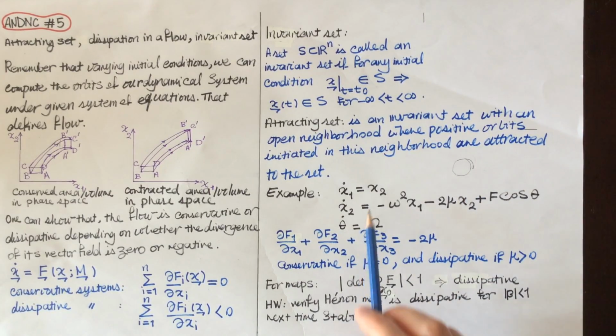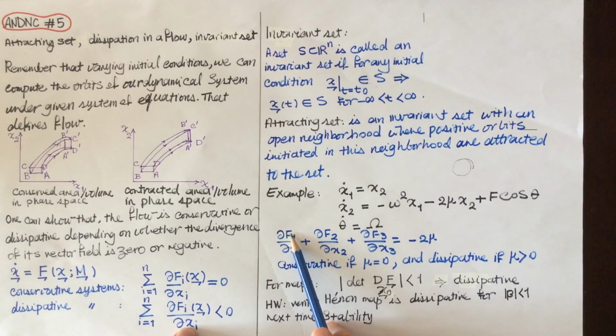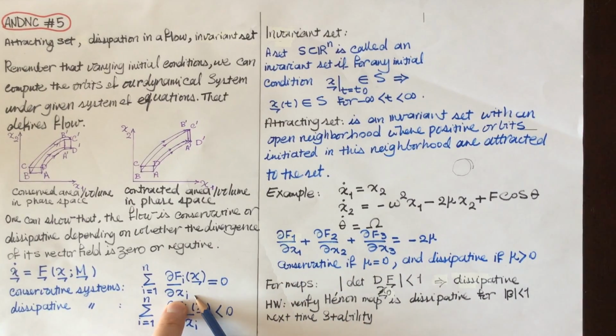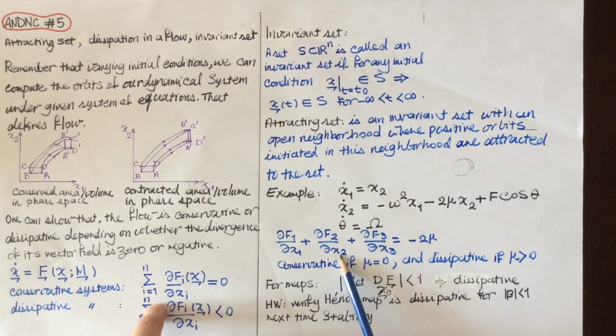Now, you might be asked to compute, all right, this is my system, and as an example, show that if the system is dissipative or conservative and under what condition. So we compute the divergence of the system, df1/dx1, using this equation, plus df2/dx2 plus df3/dx3. What does it mean?